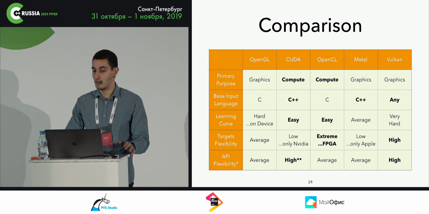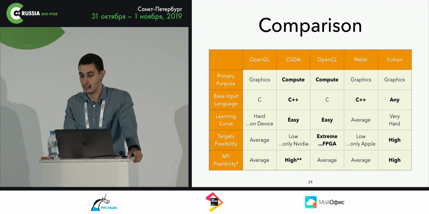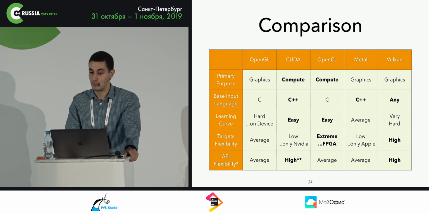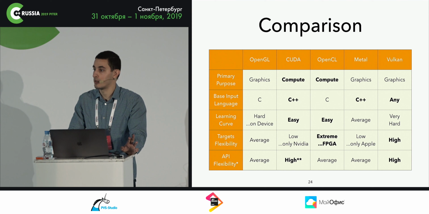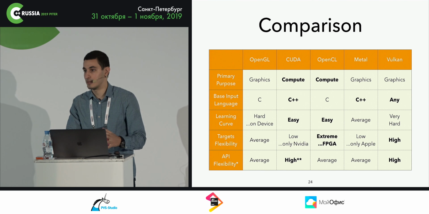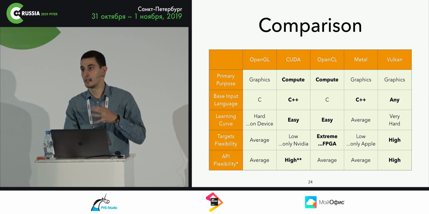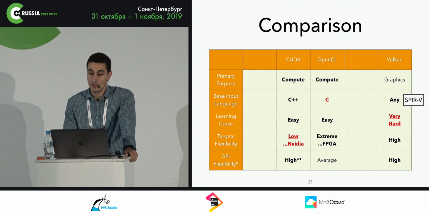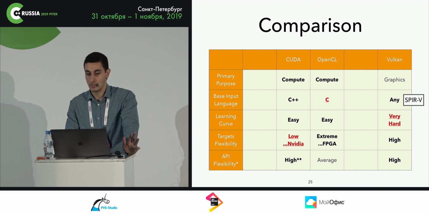Primarily, they are based on C. Vulkan is kind of unique because it actually doesn't require a specific language for the input. You can design your software for Vulkan in any language and then generate binaries, which are basically like bytecode, so you can deploy them on almost every kind of GPU architecture. It's a very broad topic. We'll just focus on CUDA and OpenCL, maybe Vulkan in the very end.